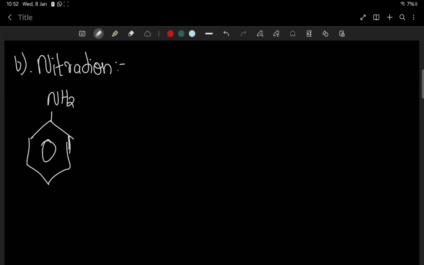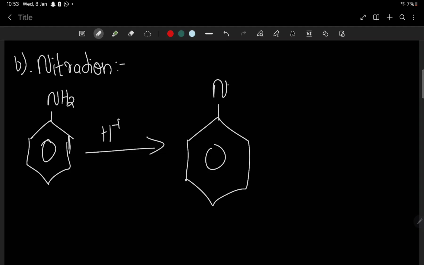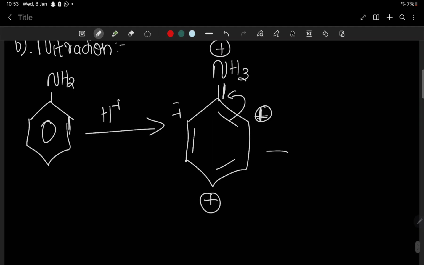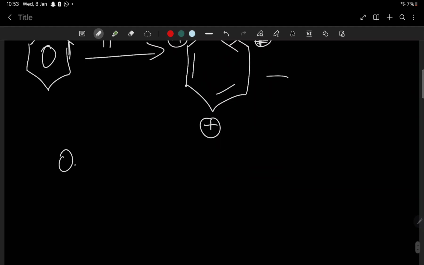When we take aniline, if it is protonated, that is one H is added, we get this compound, NH3 plus. Here the plus charge is here. A special type of resonance is also happening. This will go here, it will come here. So the plus charge is at the ortho, meta and para positions.